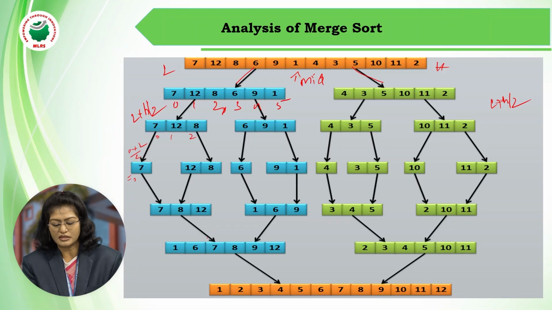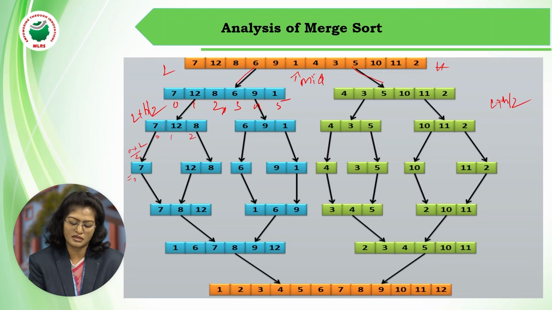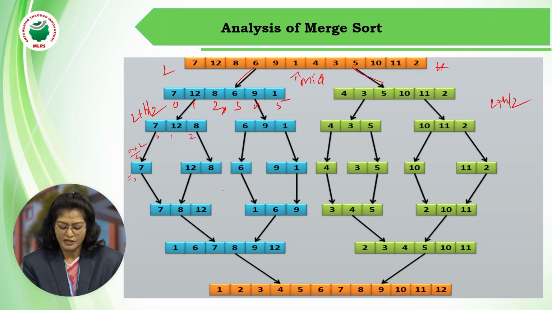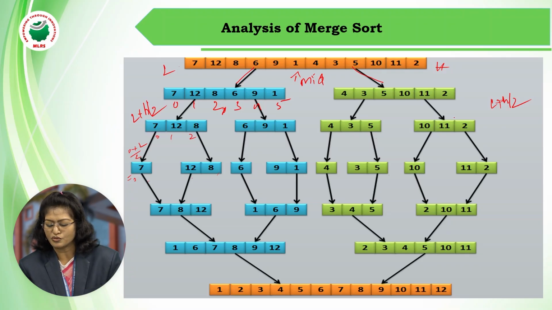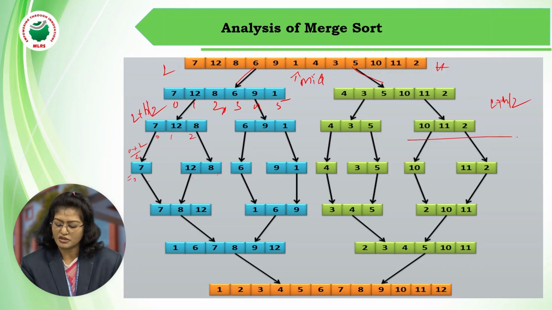In the last example I considered the first two elements together and here I considered a separate element. But here also we can consider the first element as a separate one, and the next two elements as a combined one. So 7 is taken as separate, 12, 8, and next 6, 9, 1, again 4, 3, 5, 10 we have taken as separate, and 2 we have considered as 11 by 2. So this is all the division that we have done.